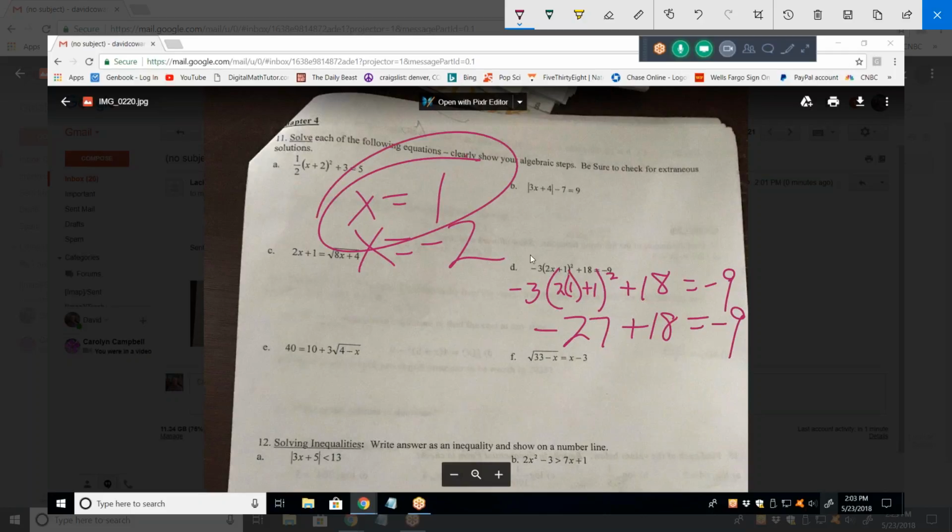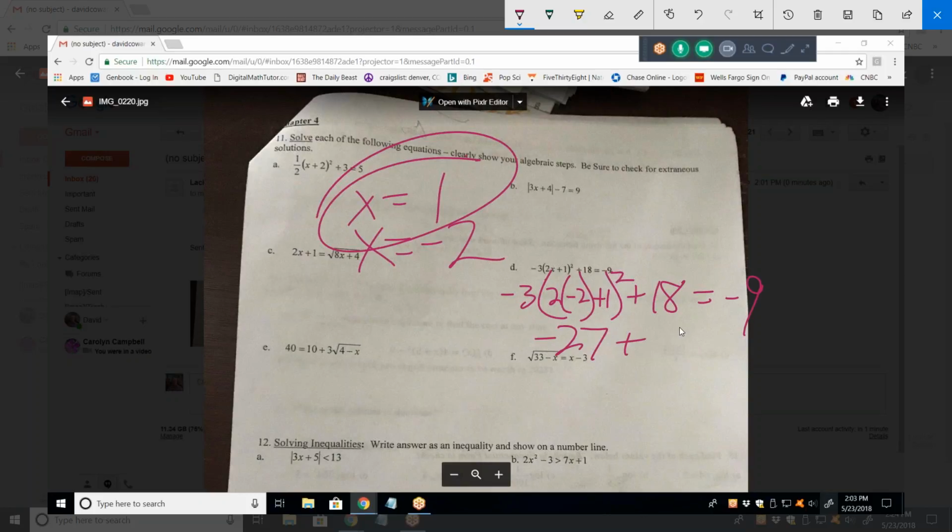That solution's valid. Now let's try the minus 2. Minus 3 times 2 times minus 2 plus 1 squared plus 18 equals minus 9. Working from the inside out, I got minus 3 squared is plus 9, so that's minus 27 plus 18 equals minus 9. Both of them work.